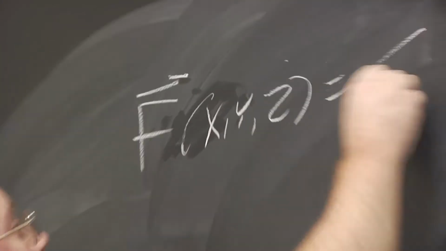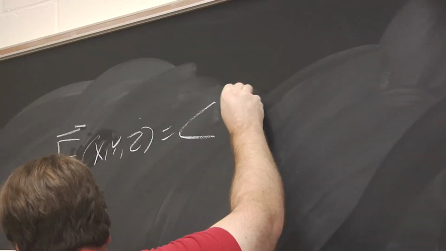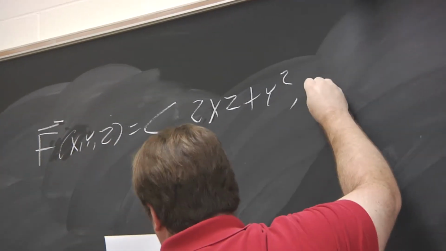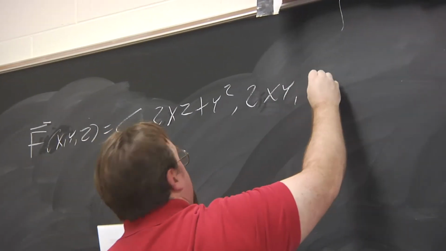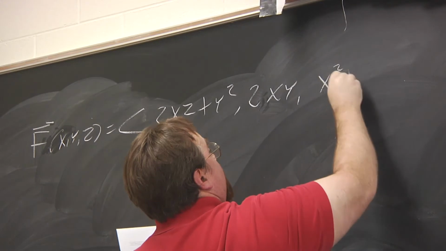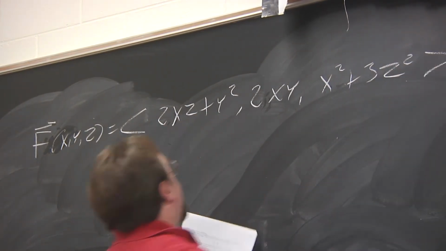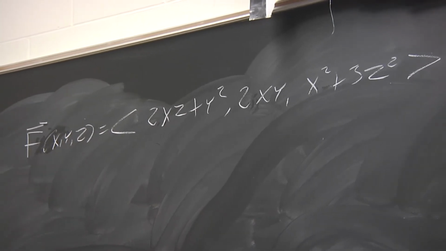In 3 dimensions, we have 2xz plus y squared, then we have 2xy, then x squared plus 3z squared. All right, so first, let's check: is it conservative?